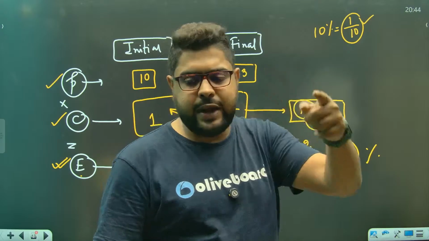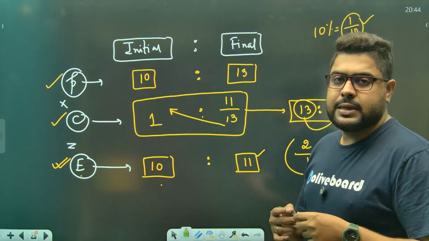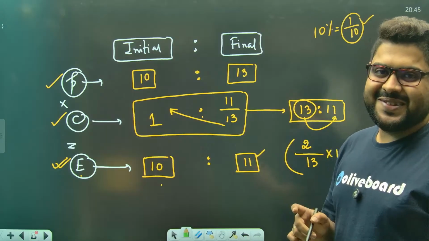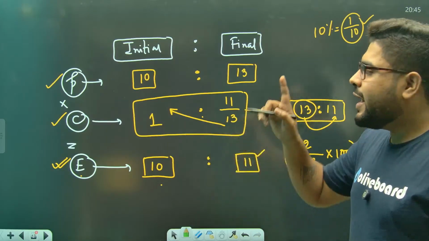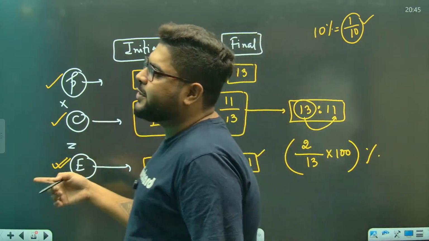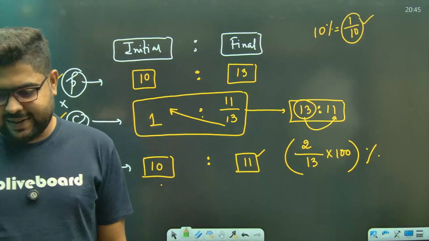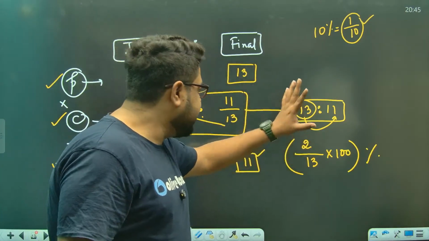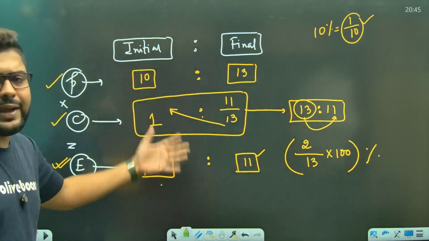But the moment you switch to only shortcuts rather than the concepts, you are kind of gone. That is what makes the difference between you getting selected and not getting selected. I always say focus on concepts. These are not lengthy. This is a couple of lines only.